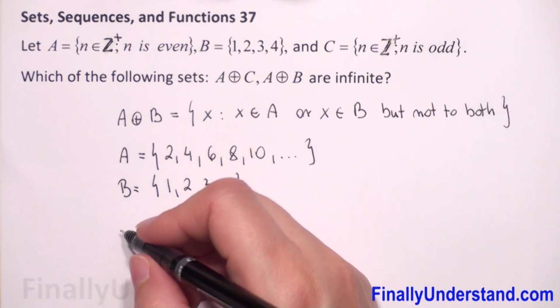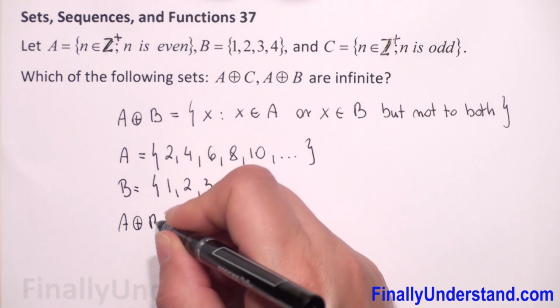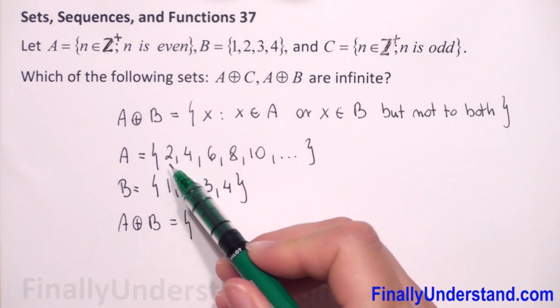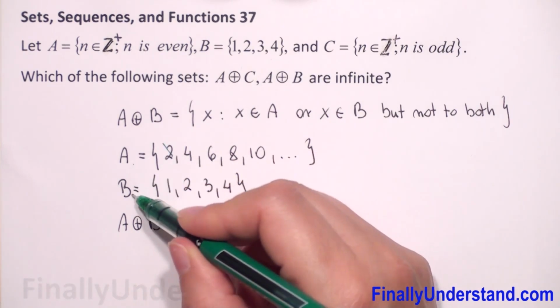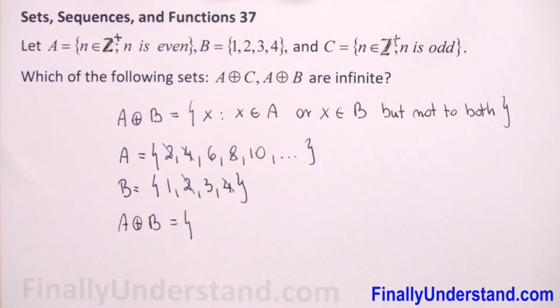Now, the symmetric difference of sets A and B will be: we have to choose all elements which belong to set A or B but not to both. And we see that 2 repeats in A and B, so we can cross it out, and 4 repeats. Whatever is left belongs to our symmetric difference.